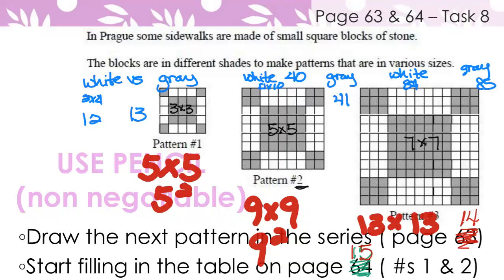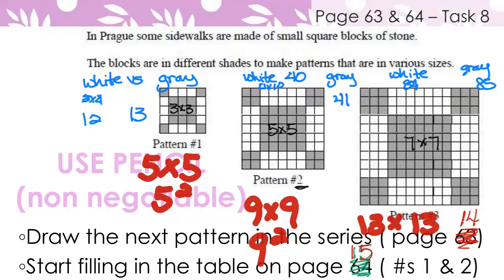So let's look at this again. Pattern 1 was a 5 by 5. Pattern 2 was 9 by 9. Pattern 3, 13 by 13. Pattern N. Pattern N. N squared.